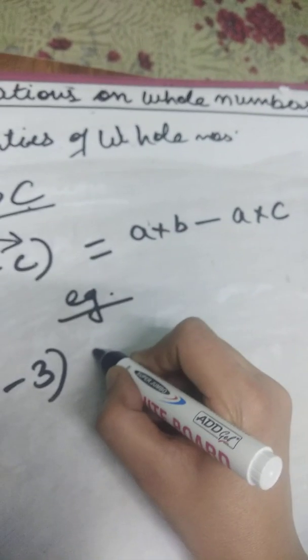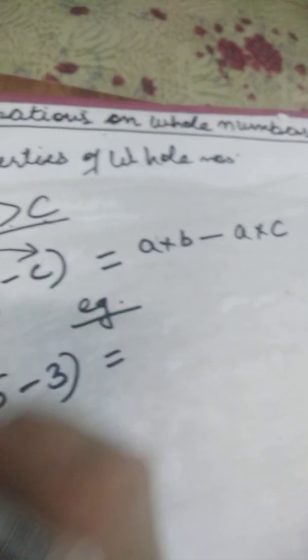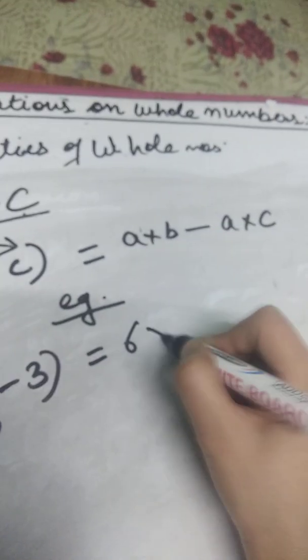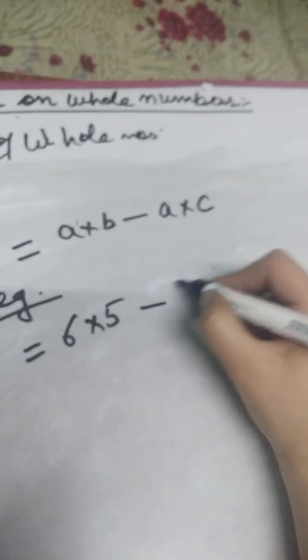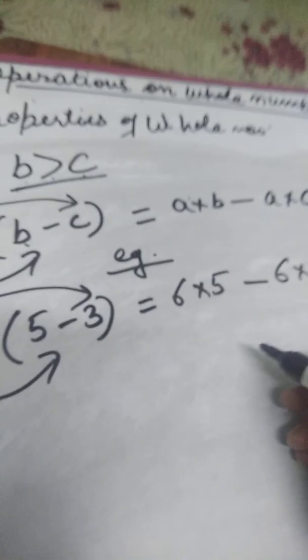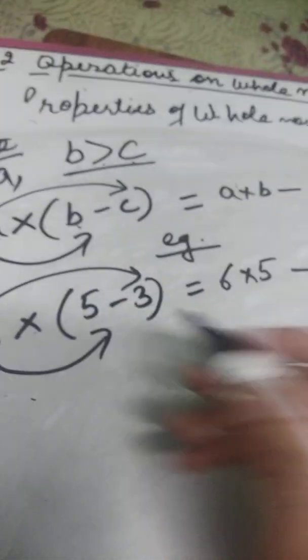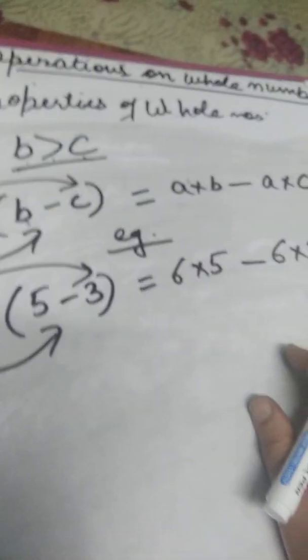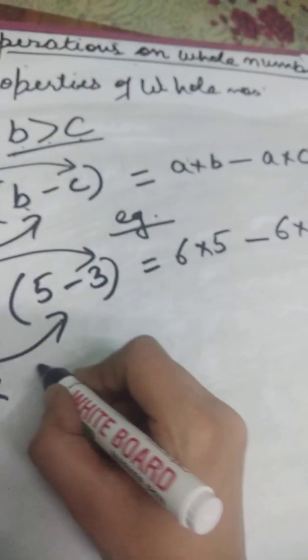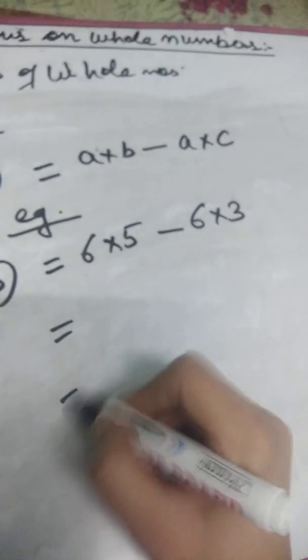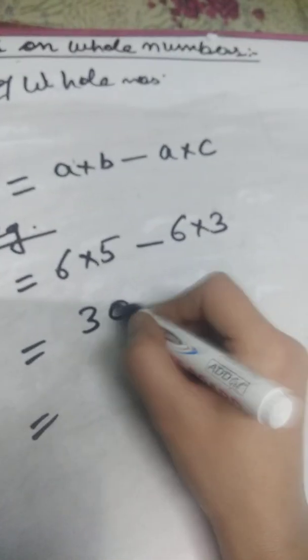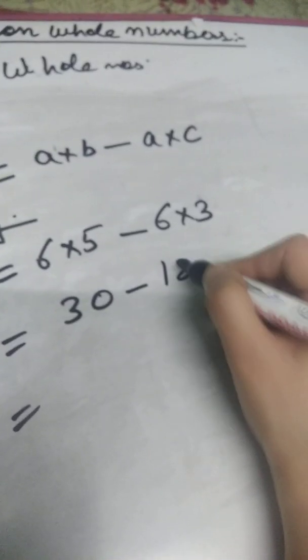That is equal to, now multiply the 6 into 5, minus sign here, 6 into 3. Let's solve both sides and you will find both are equal. 6 into 2 is 12, and on the other side, 30 minus 18 gives 12.